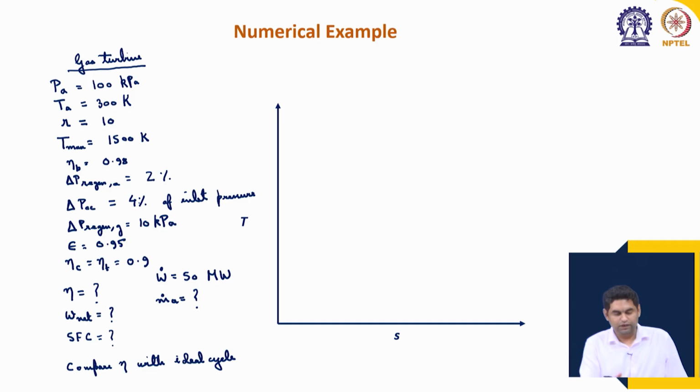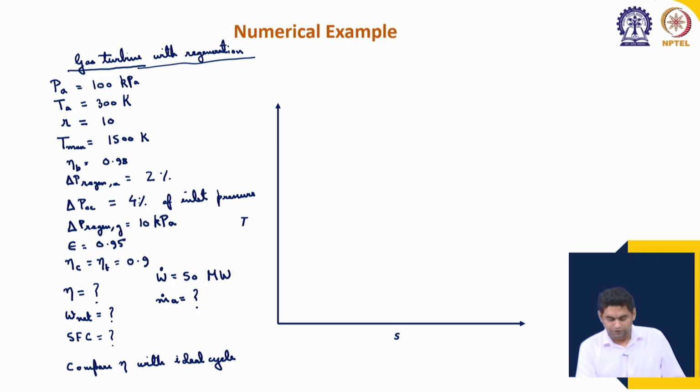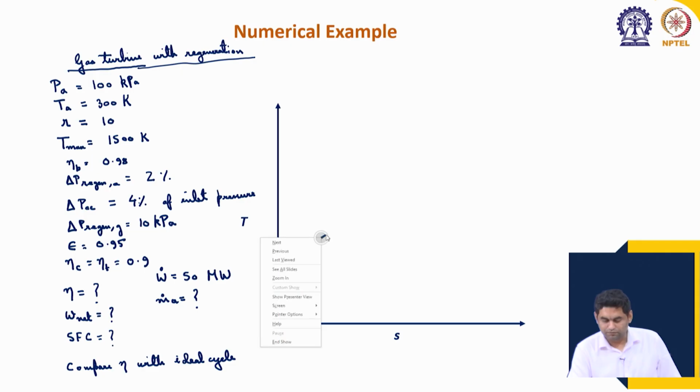So, this is a regenerative type gas turbine with regeneration, but no reheat or intercooling. Okay. So, we again start by drawing all the processes with the TS diagram. That is how we should always start solving this problem.